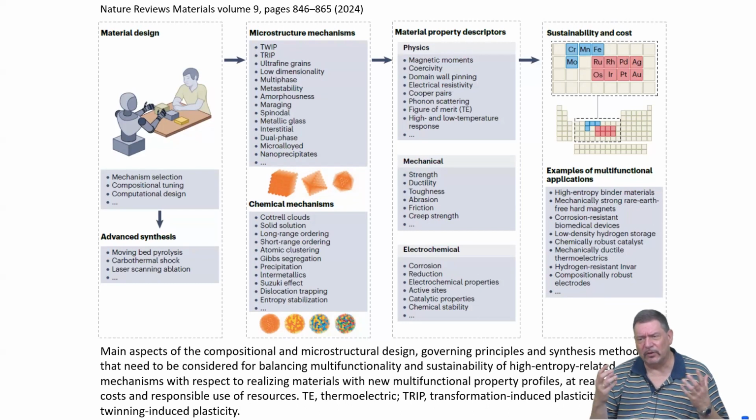So you have to think first of what are the properties that are critical for the performance of your final material. Then you have to select the components. You have to adjust the composition so that you are in the right range. Then probably some computational design based on CALPHAD modeling will be there.